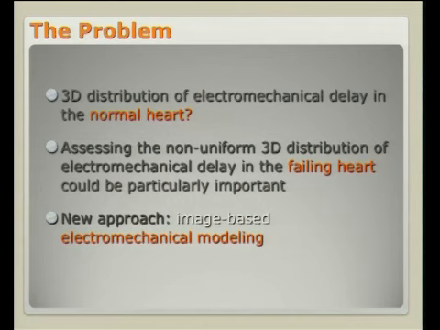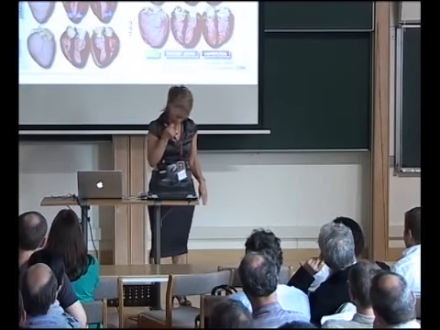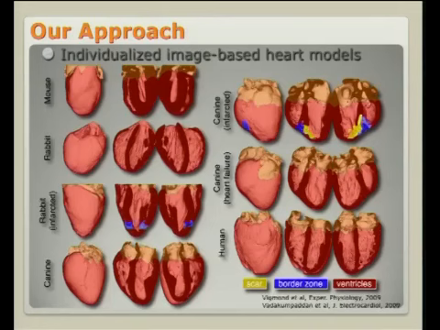So what we did is we asked the question, what is actually the three-dimensional distribution of this electromechanical delay in the normal heart? And then can we assess that distribution of electromechanical delay in the failing heart, because this could be particularly important for resynchronization therapy. We aim to do that using our new approach, which we call image-based electromechanical modeling.